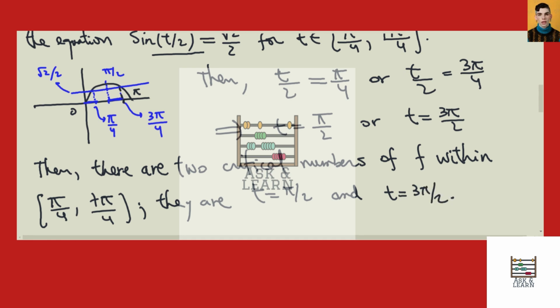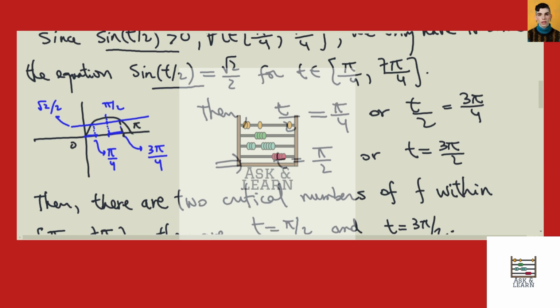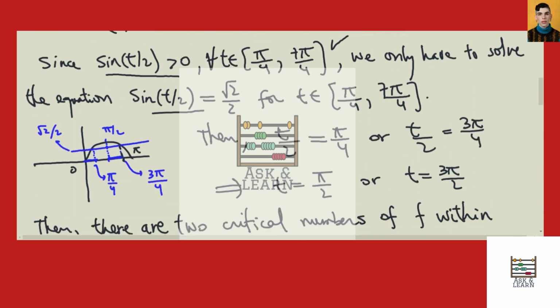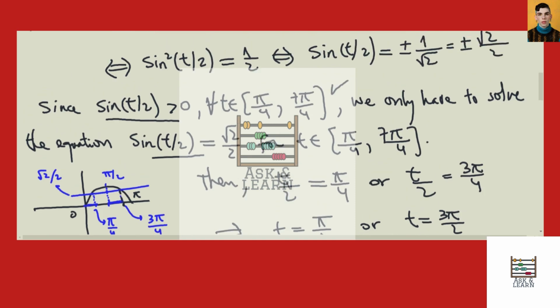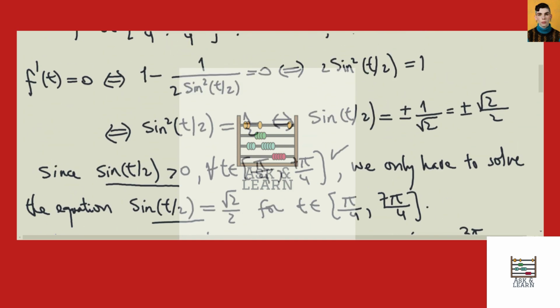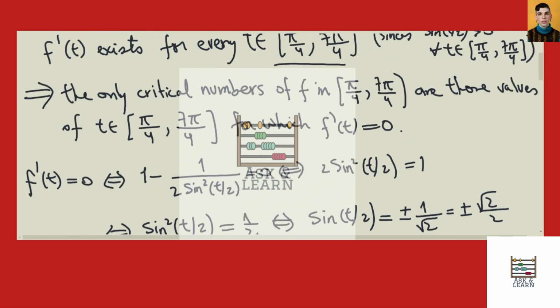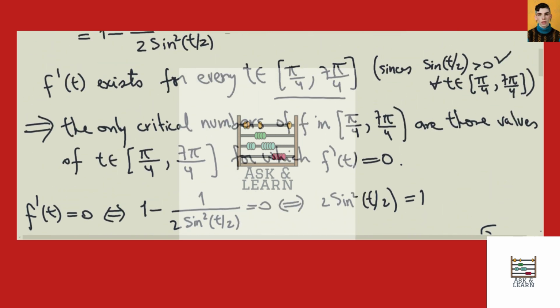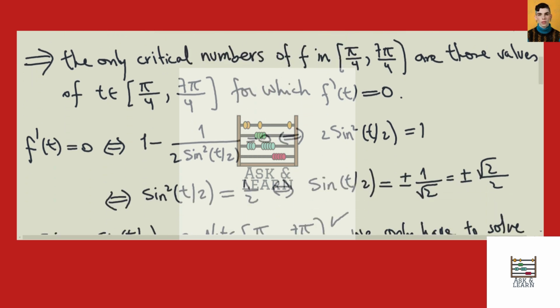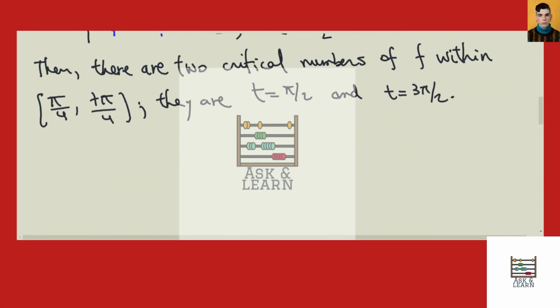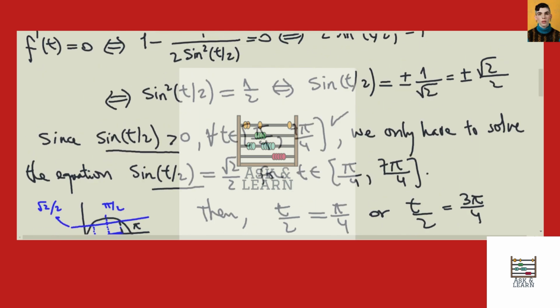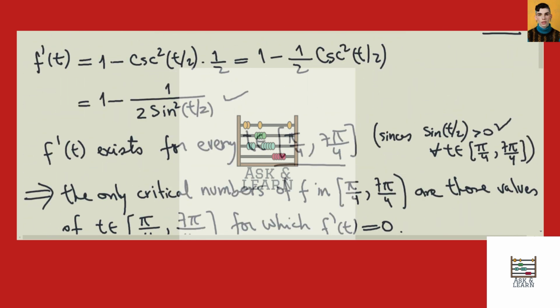These are the two critical numbers of the function. There are no more critical numbers because these are the only solutions to the equation derivative of f equal to 0 for values of t inside the interval, and the derivative exists in all points of that interval, meaning that the only critical points are those for which the first derivative is 0. Being these two the only solutions to that equation, they are the only critical numbers of the function.